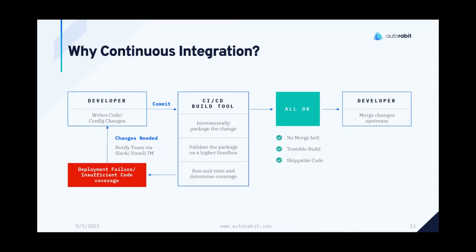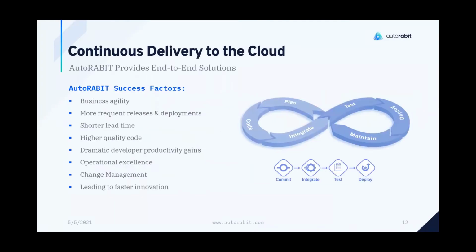So you're avoiding all the back and forth that requires multiple developers to be sitting in a room, meeting for hours together in a day to see who stepped on whose toes. All of those manual steps can be avoided. And with continuous delivery to the cloud, AutoRABIT integrates well with each and every phase within the Salesforce ecosystem or the DevOps infinity lifecycle, if I may.